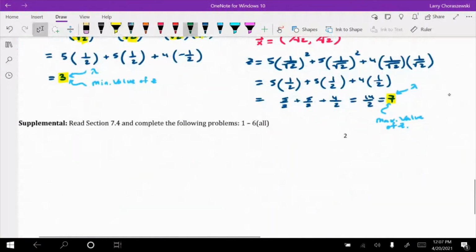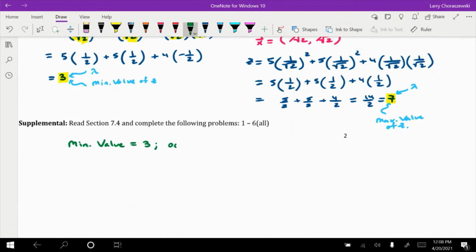I'm going to go underneath the supplemental problems here, and let's officially answer this problem. It says find the maximum and minimum values. I'll start with the minimum. I'll say min value equals 3. Okay, that's the smallest of our eigenvalues.